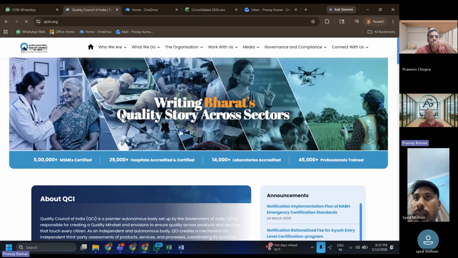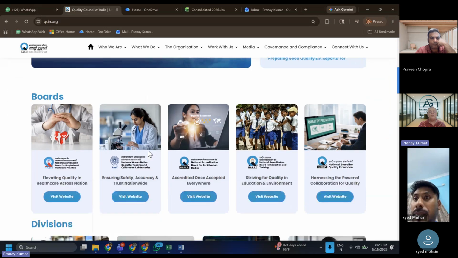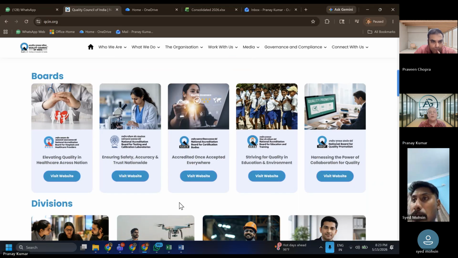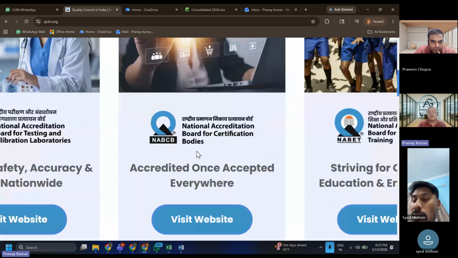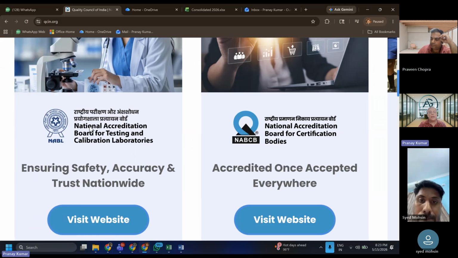Can you see my screen? Quality Council of India is the premier body for your country. Look at this information here. These are boards that they have created. One of these boards, let me zoom in a little, is the National Accreditation Board for Certification Bodies, NABCB. Then you have another one called NABL.